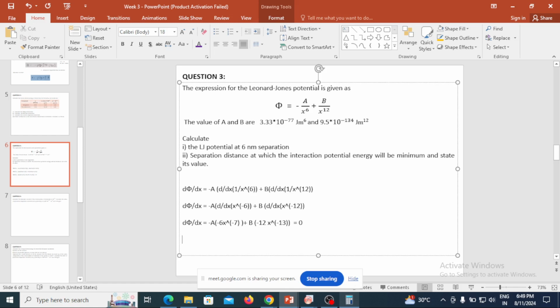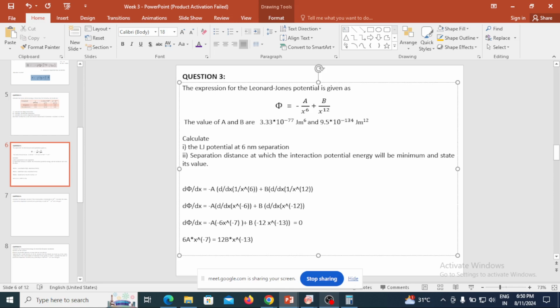So if you just take this, minus and minus will become plus on the other side, so it will be 6a times x raised to the power minus 7, just a second, equals 12b times x raised to the power minus 13.